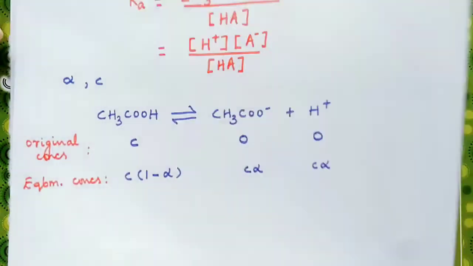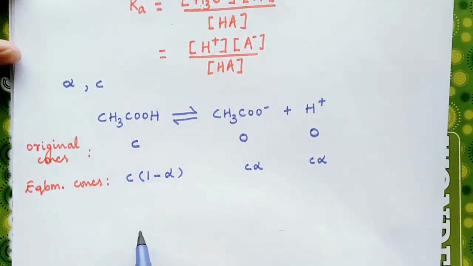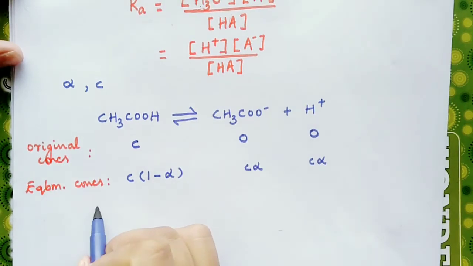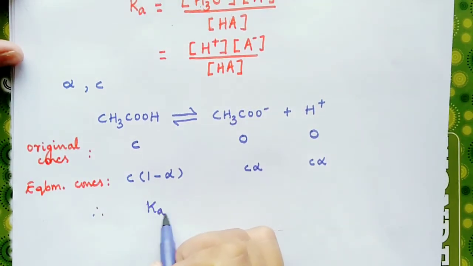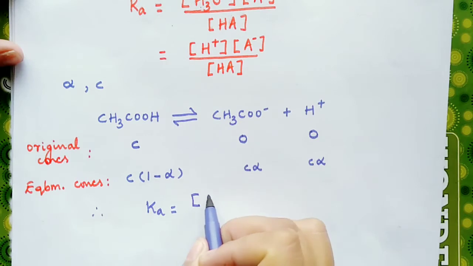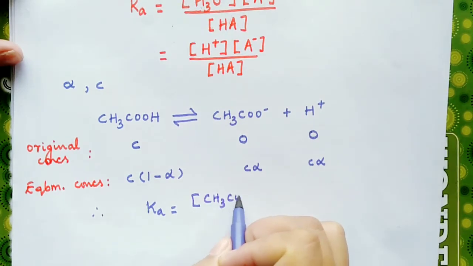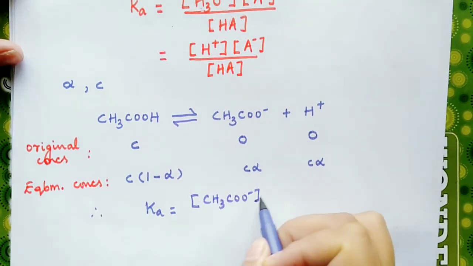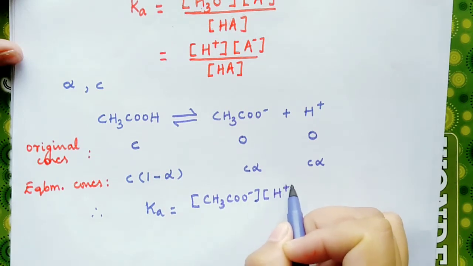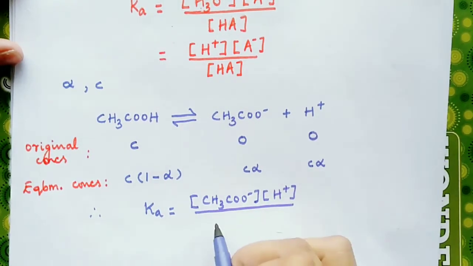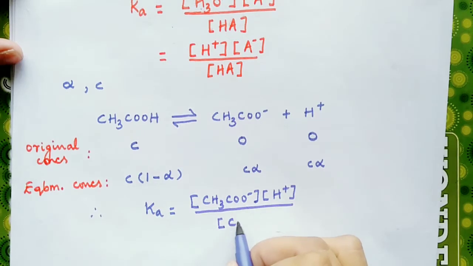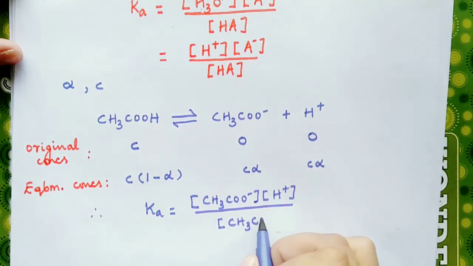So, what is the expression for the dissociation constant Ka? Ka is the product of the concentration of the ions, divided by the concentration of the reactant, that is the acetic acid molecule.